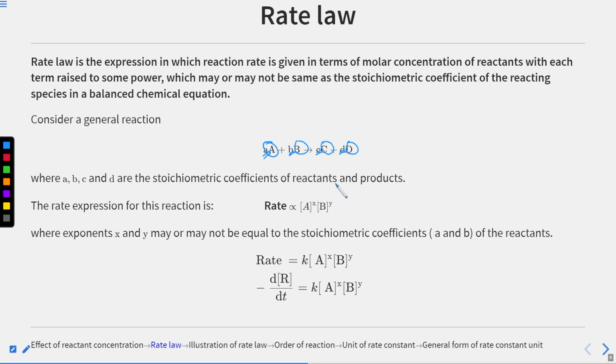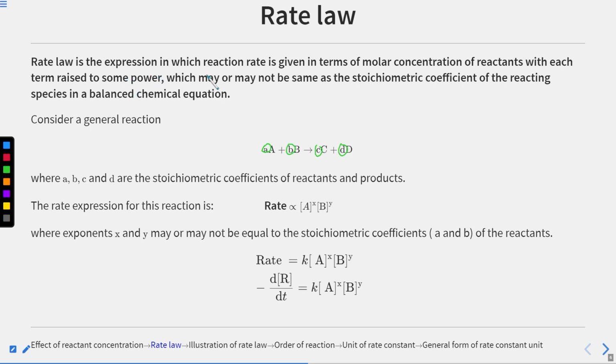So basically we are dealing with a hypothetical reaction that has reactants A and B and products C and D, with stoichiometric coefficients small a, small b, small c and small d. Do not get confused with it. Okay, so this is clear. Now, according to this, what is rate law?